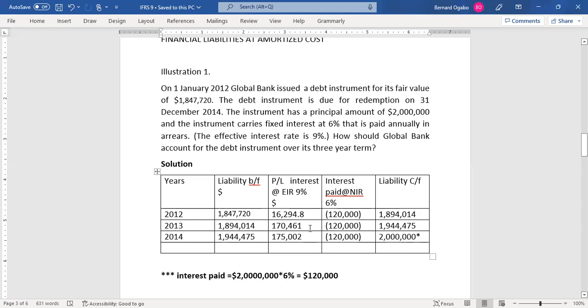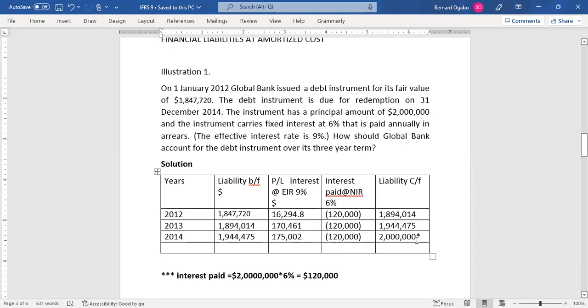The finance cost that goes to profit or loss is the interest at the effective interest rate, not the nominal interest rate. And if they ask you the carrying value of the liability at the end of year one, it is this one. At the end of year two it is this one. And at the end of year three, it is back to 2 million.